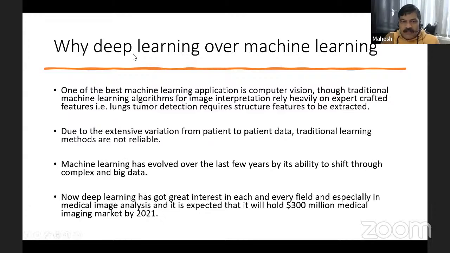What are the differences of deep learning with machine learning? In machine learning, we have to select proper feature extraction blocks, which features to be extracted, that we have to decide in advance. Based on the features extracted, we will have classifier performance. Performance of the classifier depends on the selection of the features.